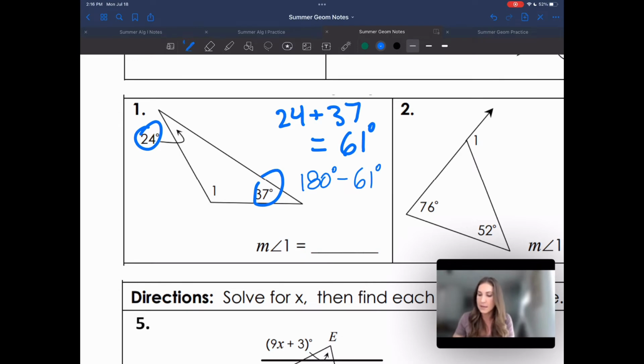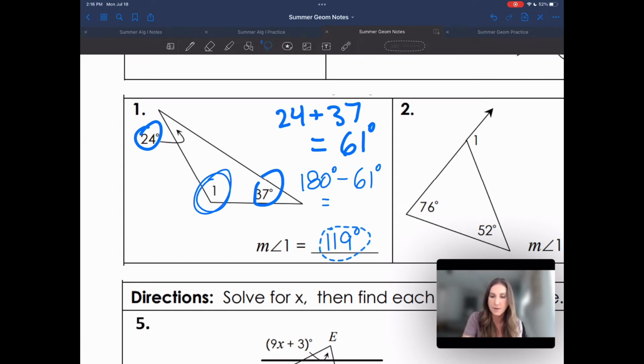So let's do that. 180 minus 61, and that's going to give us our leftover angle, which is 119 degrees, which I might as well just put right there for our answer. Perfect. So easiest way, if they give you two angles and you have to find the third one, just add those up and subtract from 180.